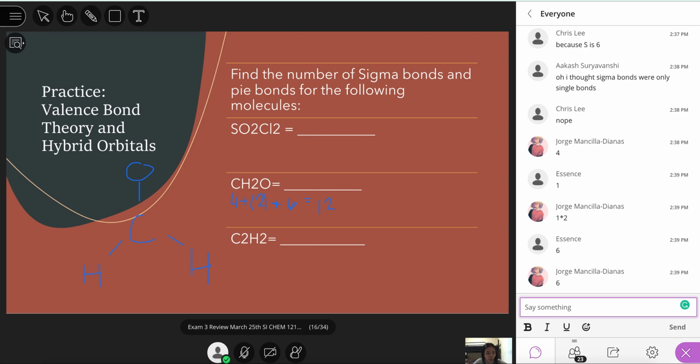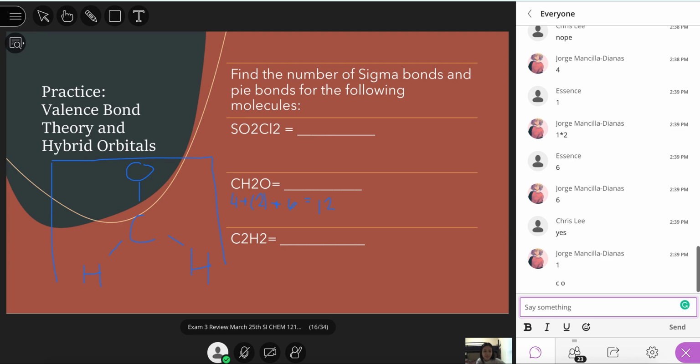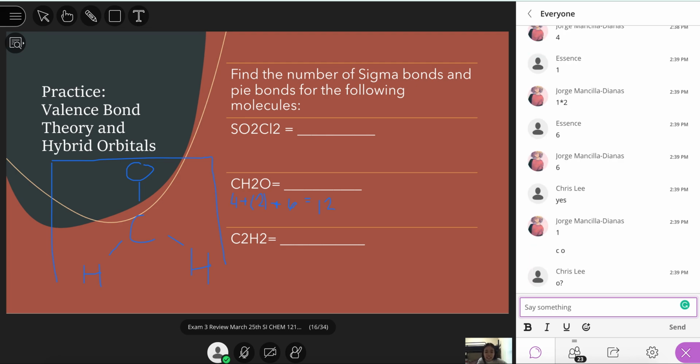So when we show 12 valence electrons on here, what is that going to look like, and what are the sigma and pi bonds associated with that? Does anyone have an answer? First of all, do we have any double bonds here? 1. And where is that double bond? CO. Yes, exactly.